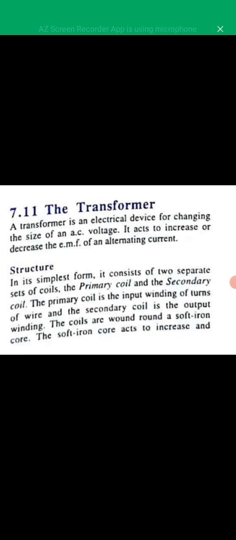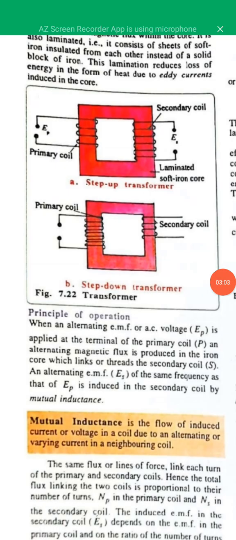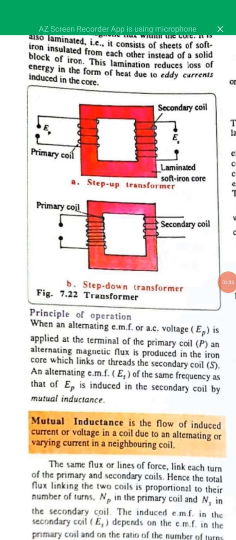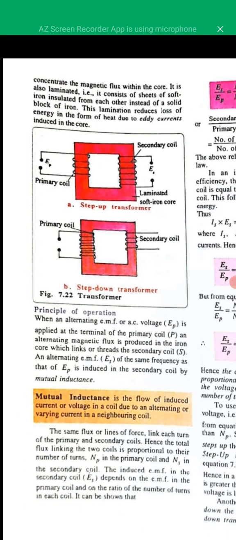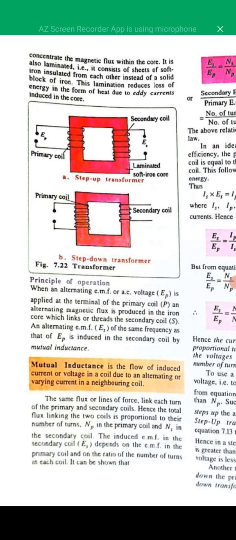Now, the coils are wound round a soft iron core. Wound means to wrap something. Why are they wound around a soft iron core? They act to increase and concentrate the magnetic flux within the core.